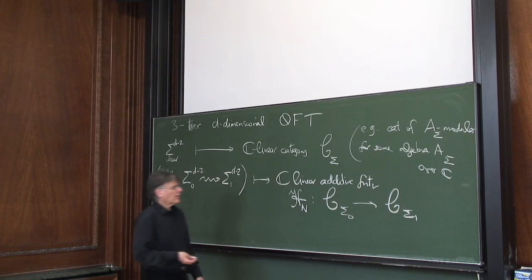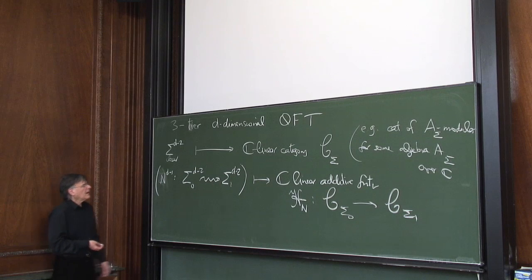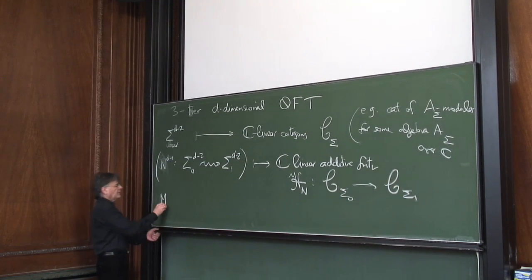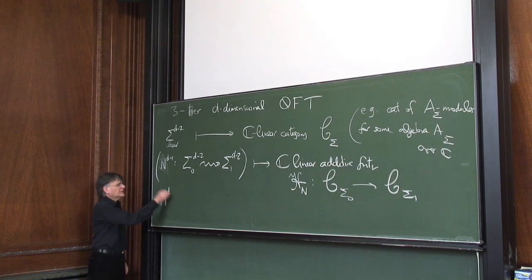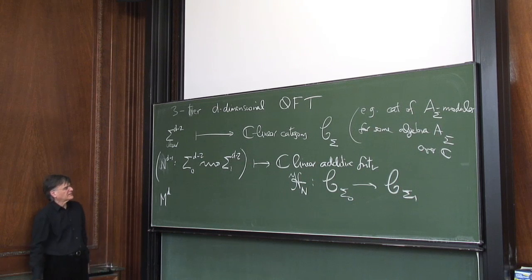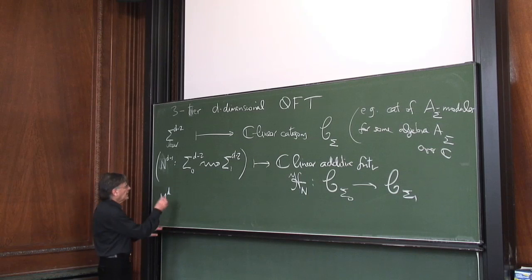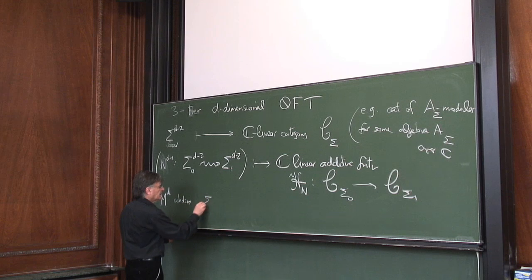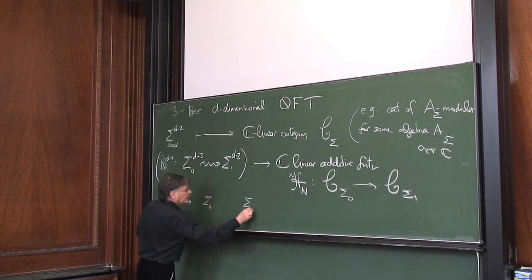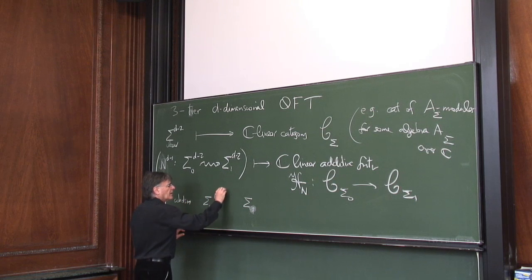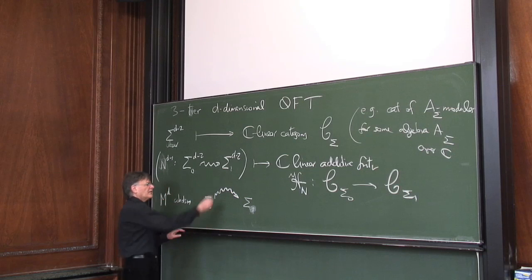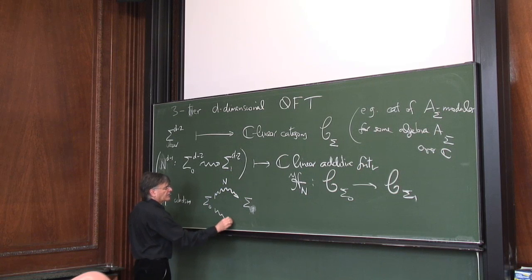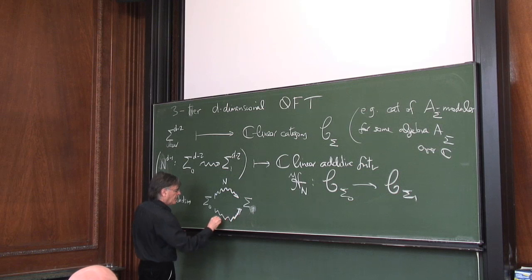So we'll have some examples, of course, presently. And then finally, to an M, which is going to be a d-dimensional manifold, so this is going to be an actual space-time. This is going to be a cobordism between, in a situation like this, 2 d minus 1 dimensional manifolds, and we have a cobordism N, and another cobordism here, N prime.